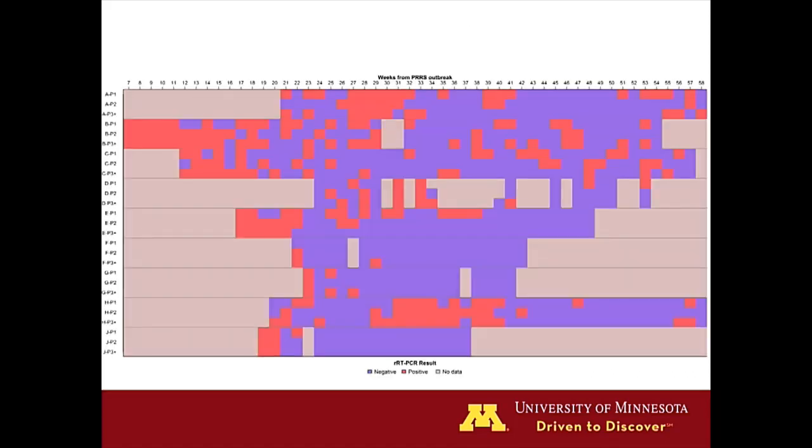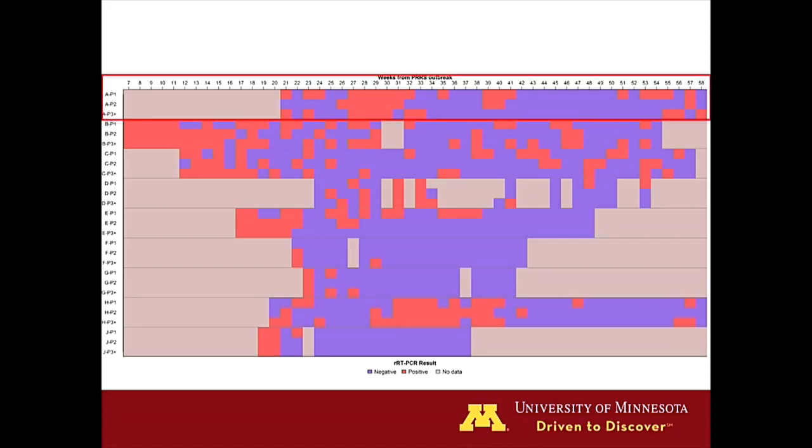This slide is just to show you the overall results that we got. We have the herds here from A to J, and each of them represents parity 1, parity 2, and parity 3 in that herd.